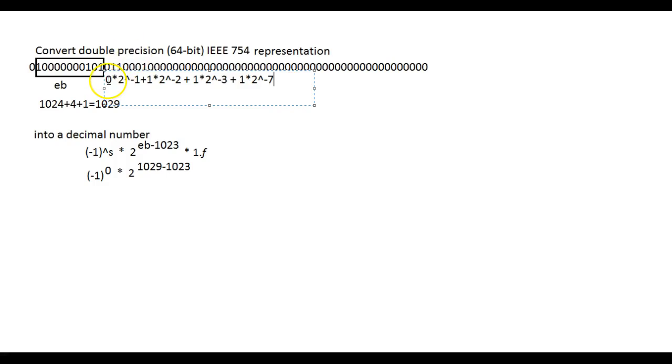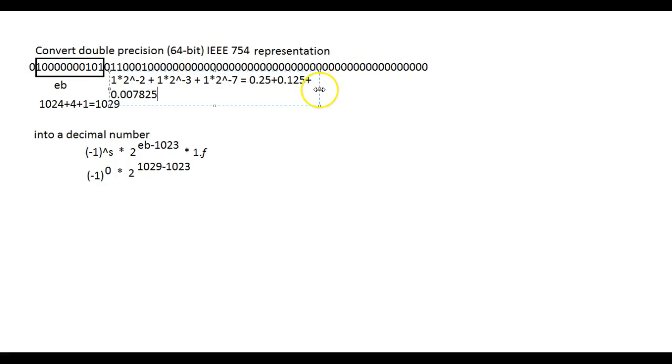This first is going to be 0 anyway, so I can just get rid of that. Only the places that have the 1s are important. I just had that first one in there to show you how to start counting the fractional part. You start with 2 to the negative 1, then the next number is 1 times 2 to the negative 2, and so on, and then you add them up. So 1 times 2 to the negative 2 is 0.25, plus 1 times 2 to the negative 3, which is 0.125, plus 1 times 2 to the negative 7, which my calculator says is 0.007825.